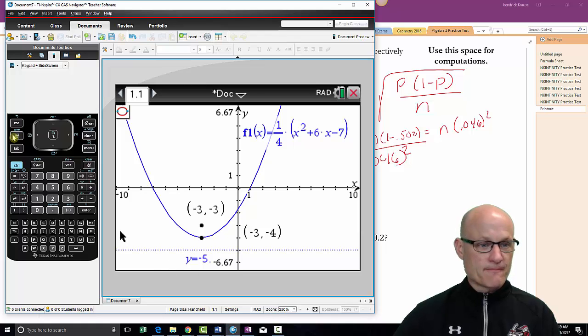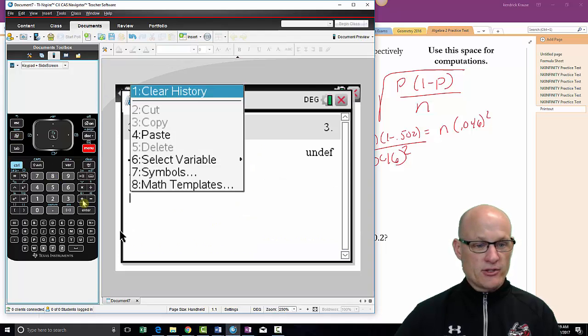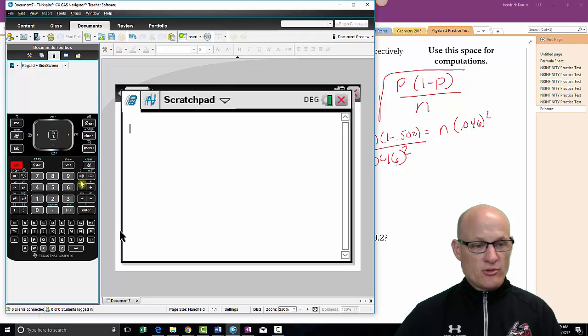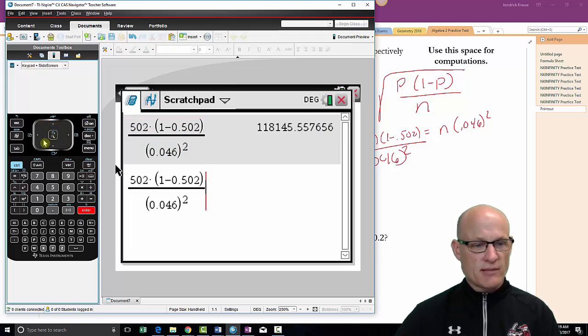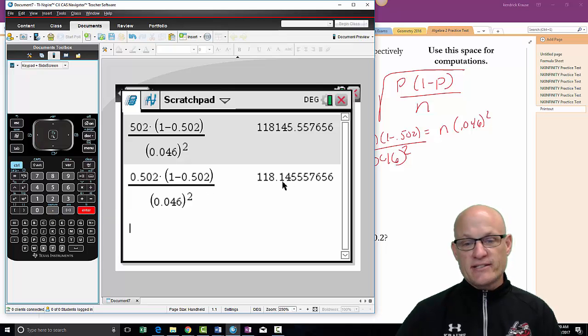Come over to your calculator, and you're going to put in control division, 0.502 times parenthesis 1 minus 0.502 all over 0.046 squared. You get 118.14.